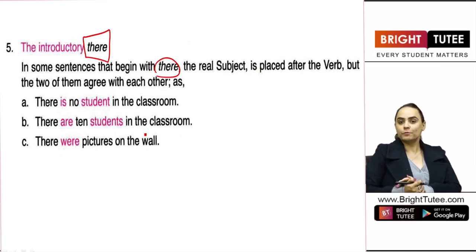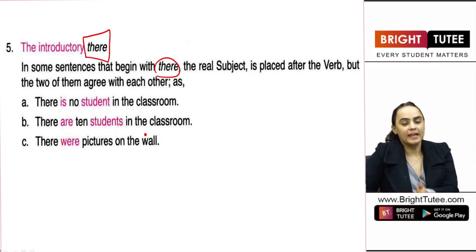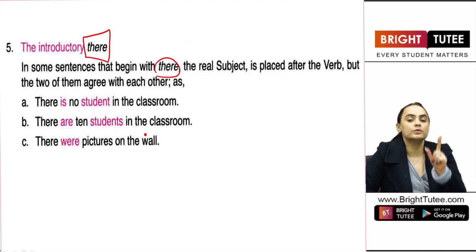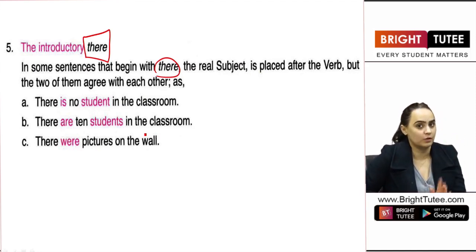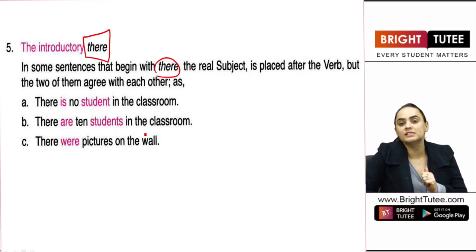What we've learned so far, that in all the sentences, the first position is occupied by the subject, then the verb, and then the object. However, if the sentence is beginning with the word there, the subject will be used after the verb. And in that case also, my rule remains the same. What rule? The subject will incline with the verb, or the verb will agree with the subject.